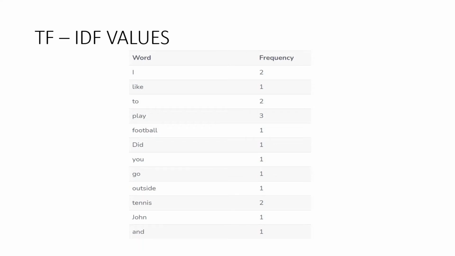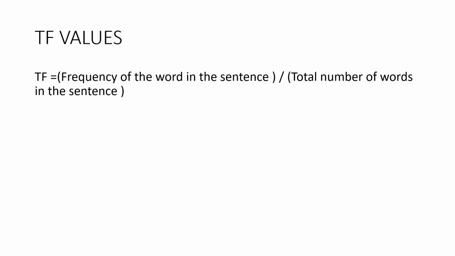As discussed, the TF value refers to term frequency and can be calculated using the formula: TF is equal to the frequency of the word in the sentence divided by the total number of words in the sentence.